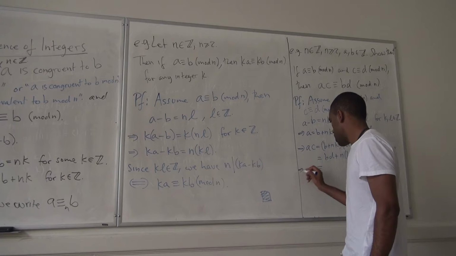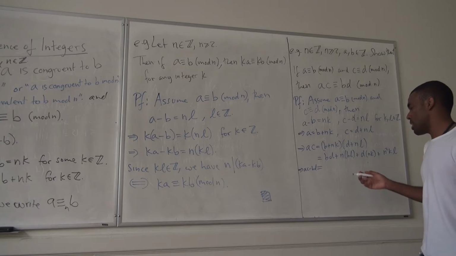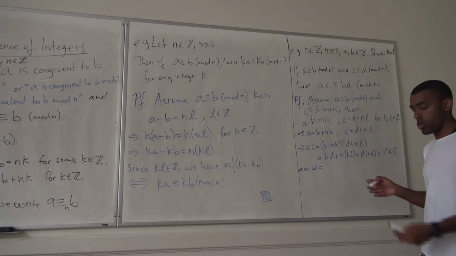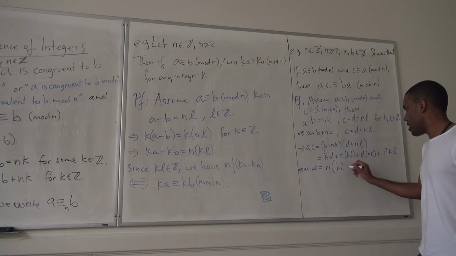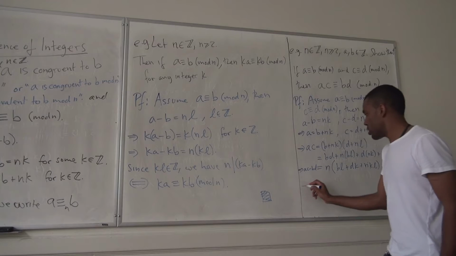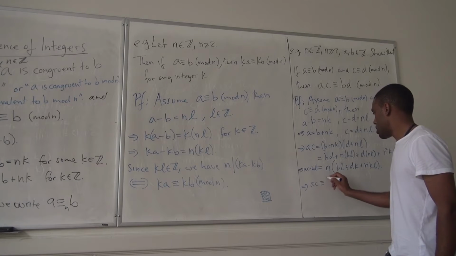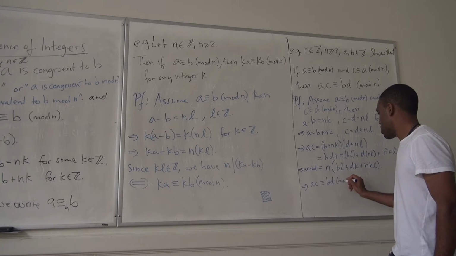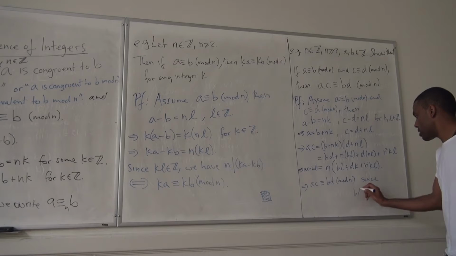You could, okay, so we have AC minus BD. You didn't have to do that, but okay. Equals n times, you factor out that n, so Bl plus Dk plus nkl. This means AC is congruent to BD mod n, since this is an integer.